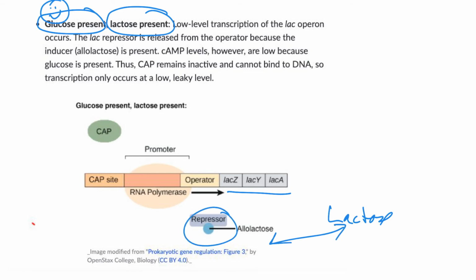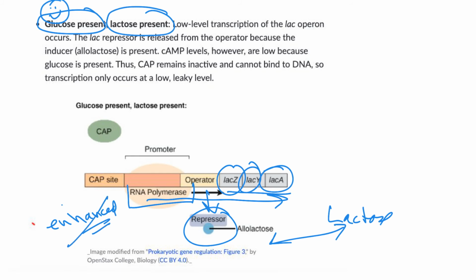It's going to bind to the repressor. The repressor is going to fall off the operator. And the RNA polymerase is going to start transcribing these enzymes that are going to break down lactose. And all that's lovely, but I don't get the enhanced transcription, because glucose is present, and so my CAP protein system is not going to work.